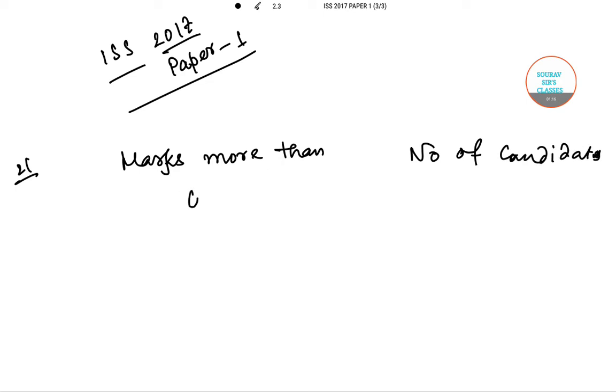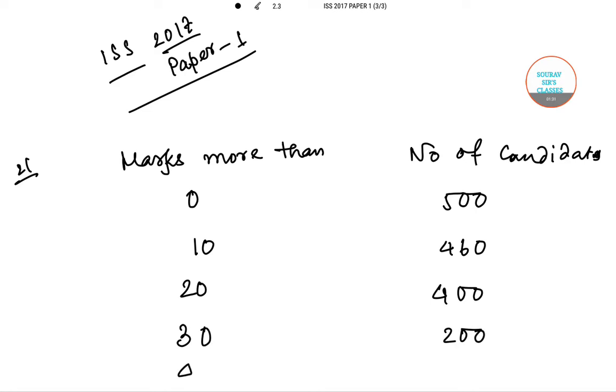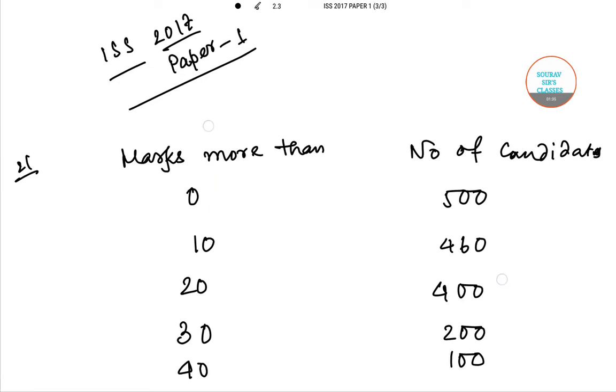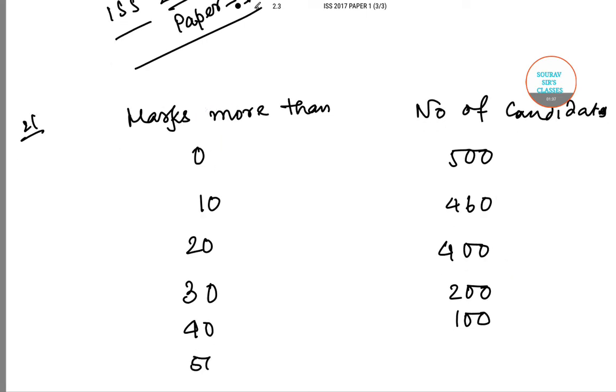For 0, it will be 500. For 10, this will be 460. For 20, this will be 400. For 30, this will be 200. For 40, this will be 100. For 50, this will be 30.